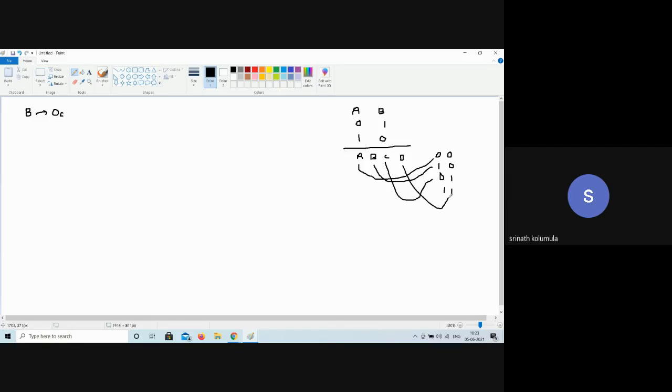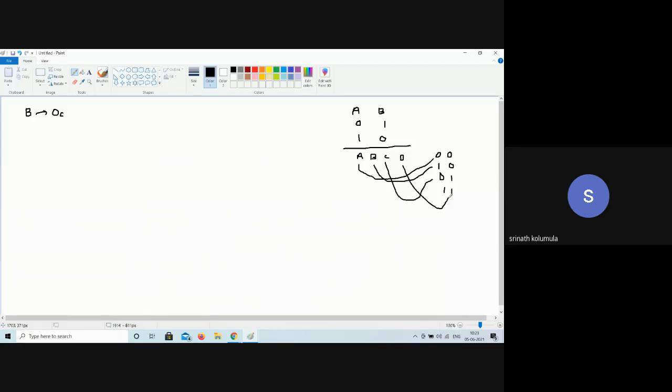Yes or no? So if I am given 2 bits, then how many students can I give roll numbers? 4 students. That means how many numbers can I represent?